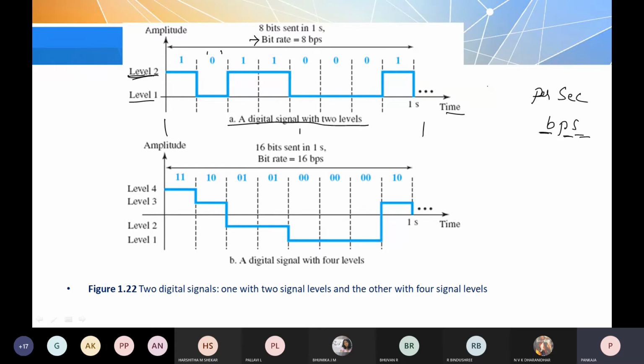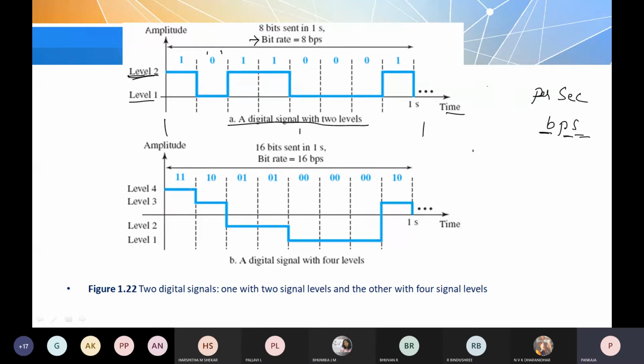So we have another diagram here where I have 4 levels. The data is represented with 4 levels. That means each level is representing 2 bits. Level 4, 3, 2, 1.